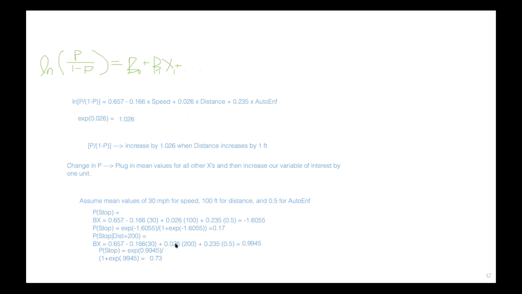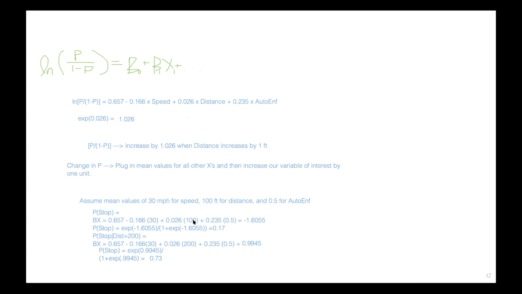The first is you can plug in the mean value for each of the other predictors, and then just increase whatever your variable of interest is by 1 unit. So I could increase that 100 to 101. I did 200 in this case just because that shows us a more pronounced difference. But we could do that, and that would give us an estimate of what that average effect is.